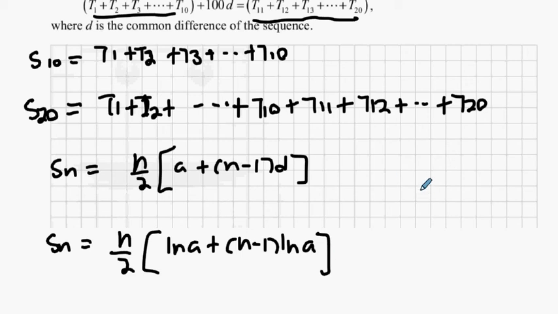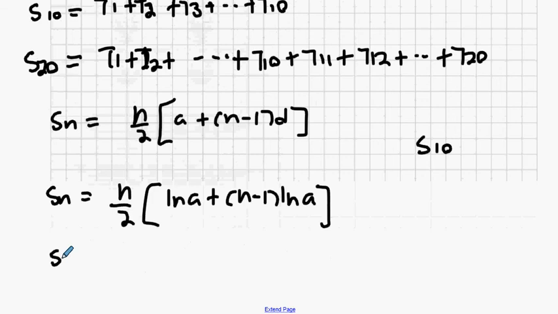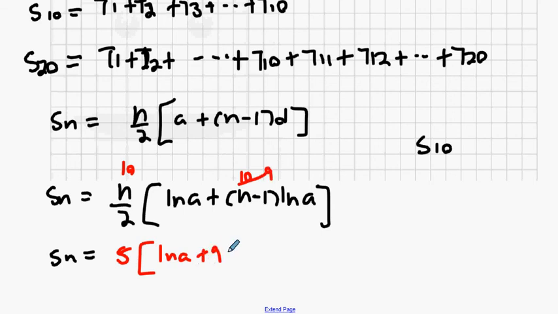Now let's figure out what S10 is. So that's 5 times ln a plus 9 ln a. So that means S10 is going to be 50 ln a.